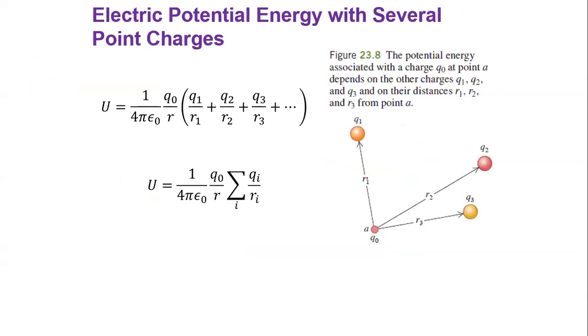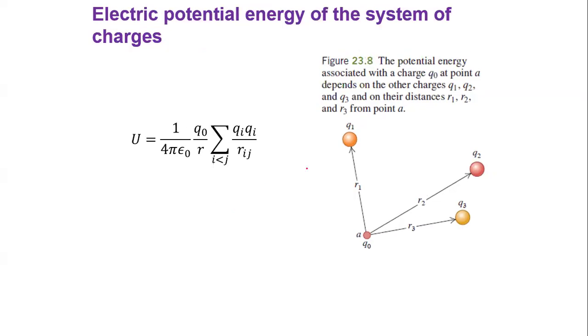If in the presence of several point charges, with Q sub O as the test charge, the potential energy is equal to 1 over 4 pi epsilon naught times Q sub O times Q sub 1 over R1 plus Q sub 2 over R2 plus Q sub 3 over R3. In the presence of many charges, this formula is equal to Q sub O over 4 pi epsilon naught times the summation over i of Q sub i over Ri.